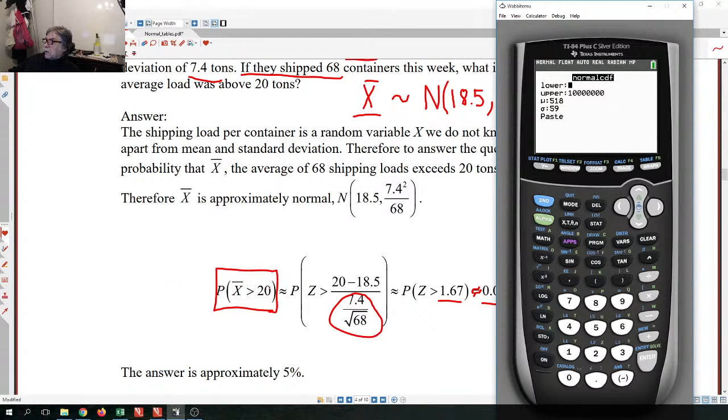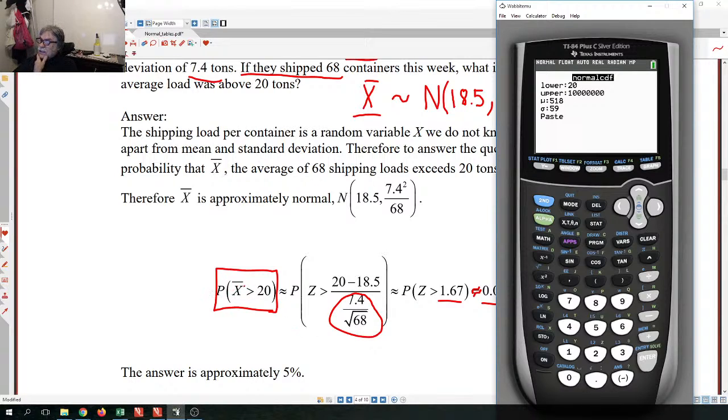This 20 here is the lower end, right? It says above 20. The upper end would be anything really big. You should actually put plus infinity because you don't have an upper end here.